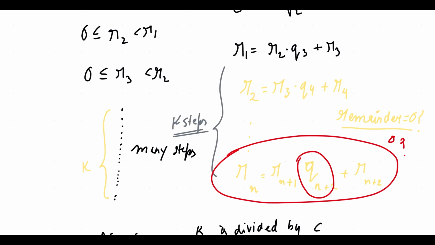Any number will divide itself, so we can say that 1 is the quotient in that case, and it will give the remainder as 0.